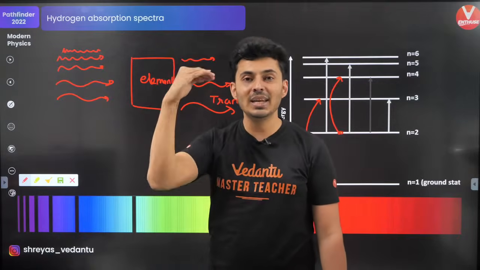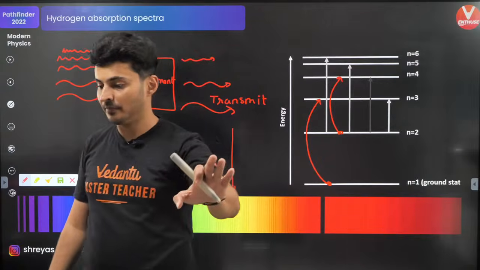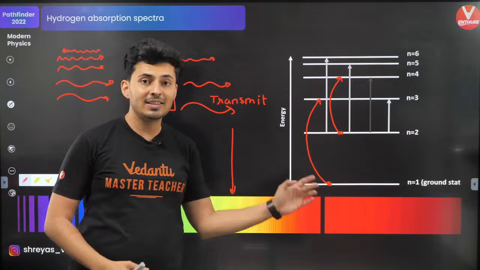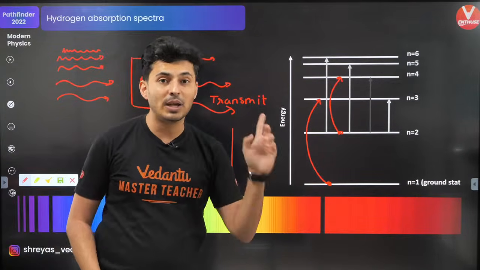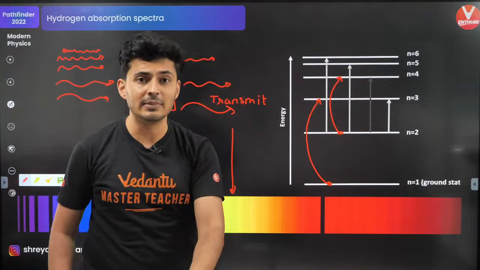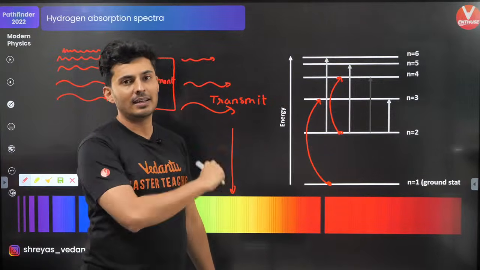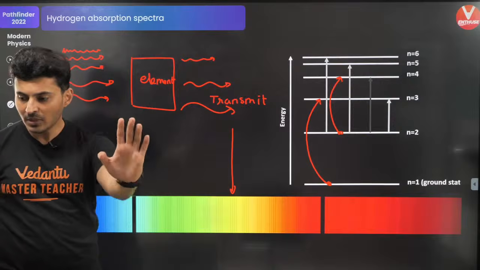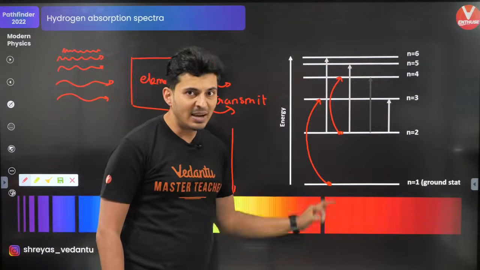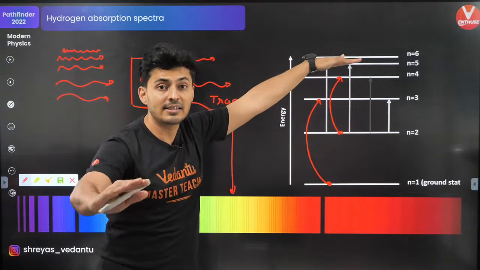Each atom has unique energy levels. This energy level diagram is not going to look the same. It's going to be different because remember the formula of E, it is Z square by N square. It will look very different. All these lines will be different for each and every element. That's the reason why the jumps are also going to be unique for every element. Is that much clear, my warriors? So every atom, every element has a unique signature because the energy levels are discrete and unique.